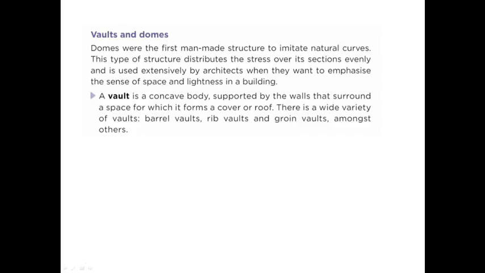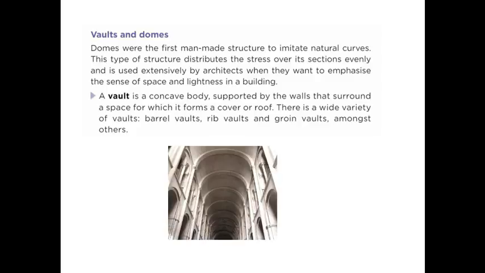Vaults and domes. Domes were the first man-made structure to imitate natural curves. This type of structure distributes the stress over its sections evenly and is used extensively by architects when they want to emphasize the sense of space and lightness in a building. A vault is a concave body supported by the walls that surround a space for which it forms a cover or roof.